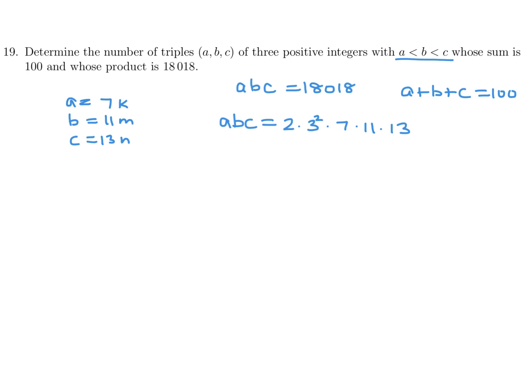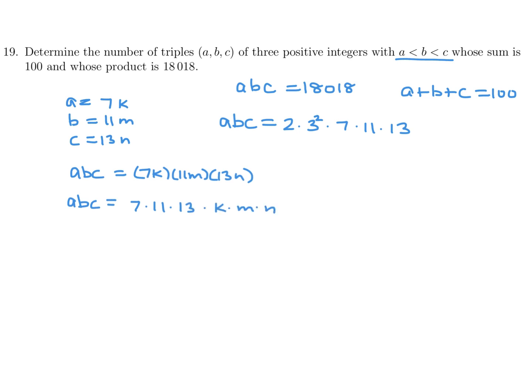And then that would mean that abc would be 7k times 11m times 13n. So that would be 7 times 11 times 13 times this k times m times n.